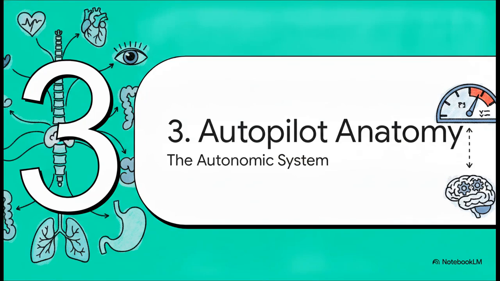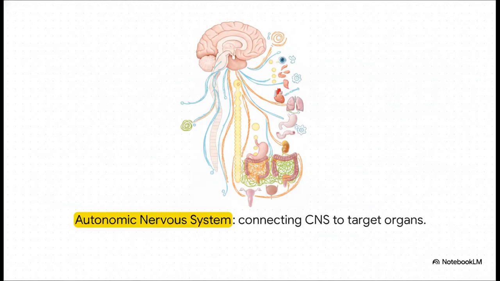All right, having mastered the general method, let's pivot to Section 3, Anatomy of the Autopilot. Let's apply this method to our specific target. The autonomic nervous system, our internal autopilot, is this massive, sprawling reflex circuit dedicated entirely to securing homeostasis. It has massive central organization, reaching from supratentorial areas like the insular cortex and hypothalamus, all the way down through the brainstem and into the spinal cord's intermediate lateral horns.